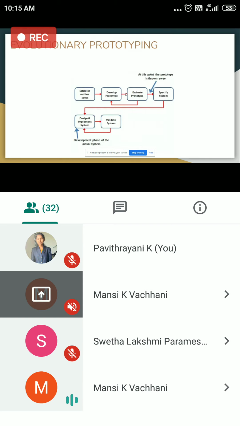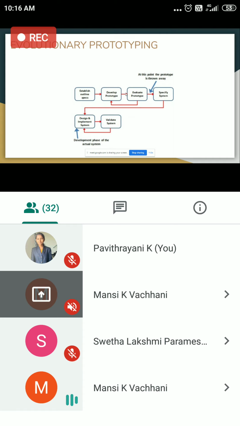And next is evolutionary prototyping. Here the prototype developed is incrementally refined based on the customer's feedback. The customer's feedback is taken into consideration, and the prototyping continues until the customer is satisfied.